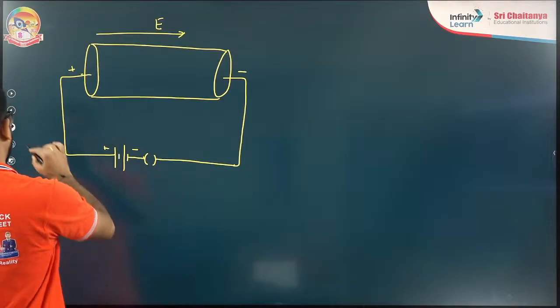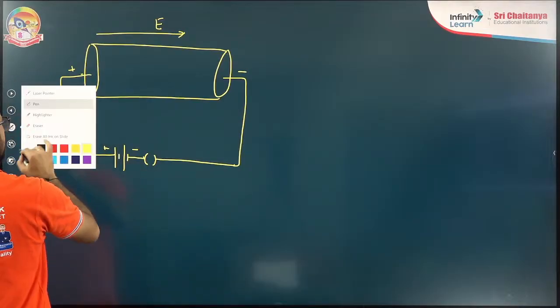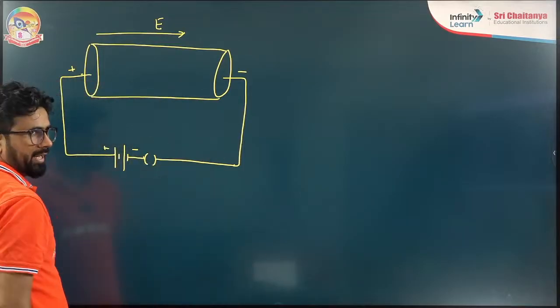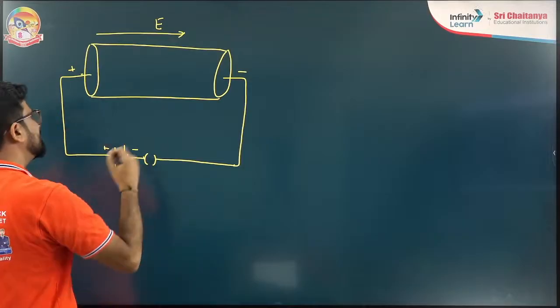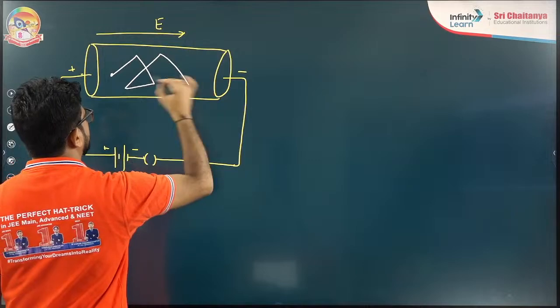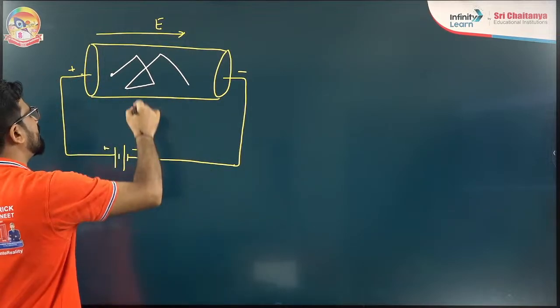Now please understand. Initially, without all this setup, without the external battery or potential difference, still the electrons are moving randomly like this. Now the question comes to our mind, sir, what is happening?